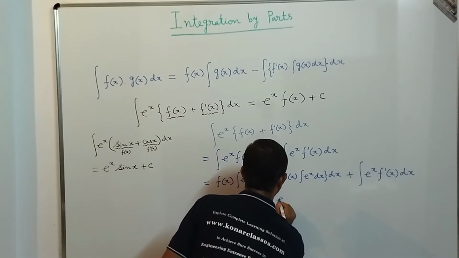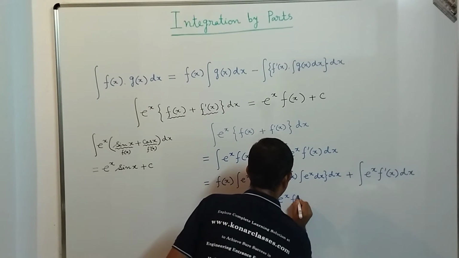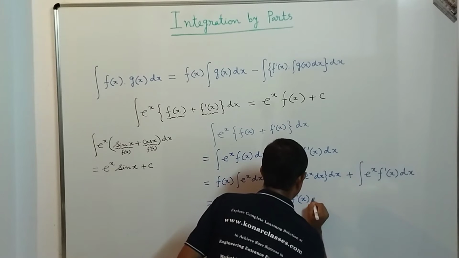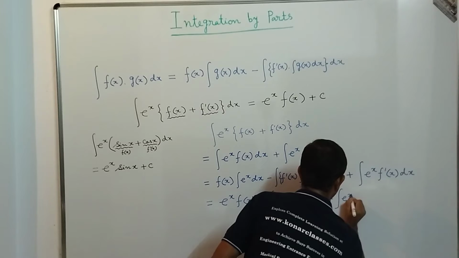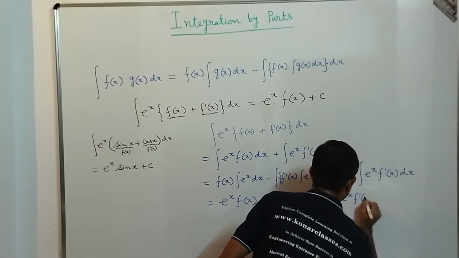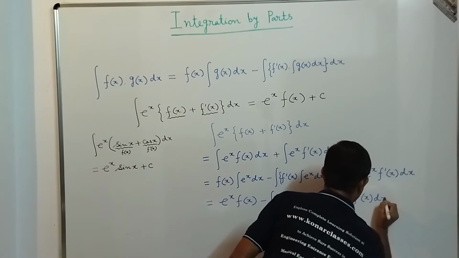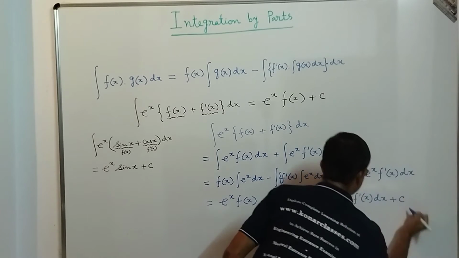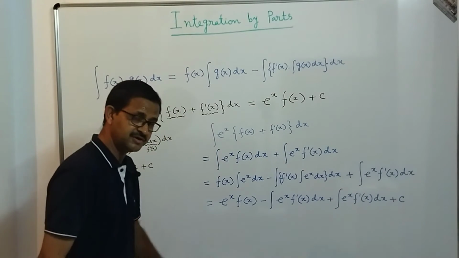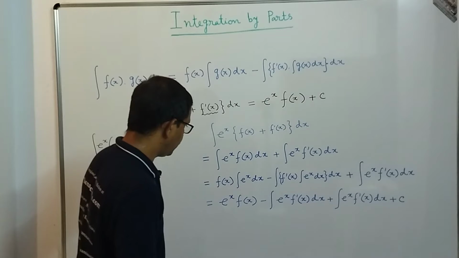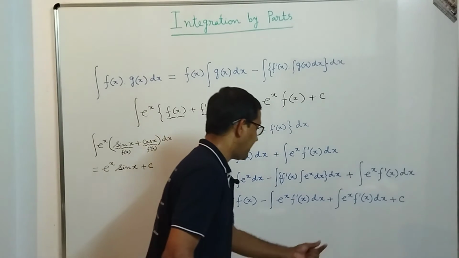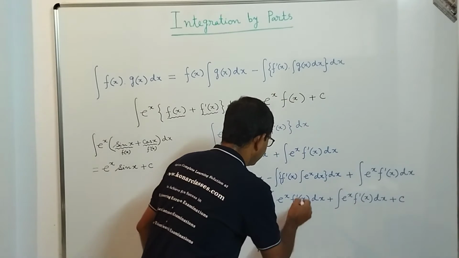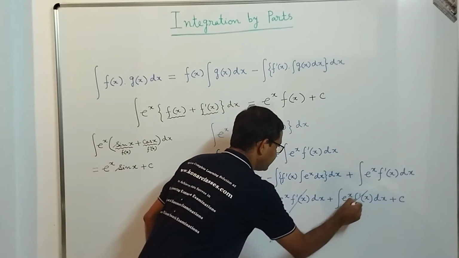So we can write e power x into f dash x dx, plus integration of e power x f dash x dx and plus one integrating constant c as we complete the integration. Now if you look into it, dear students, the minus e power x f dash x dx and the plus e power x f dash x dx get cancelled.